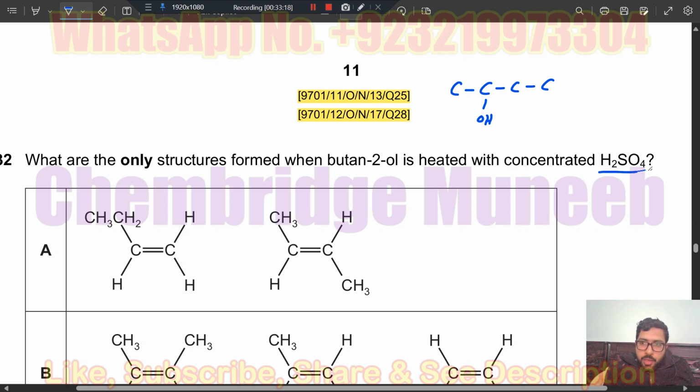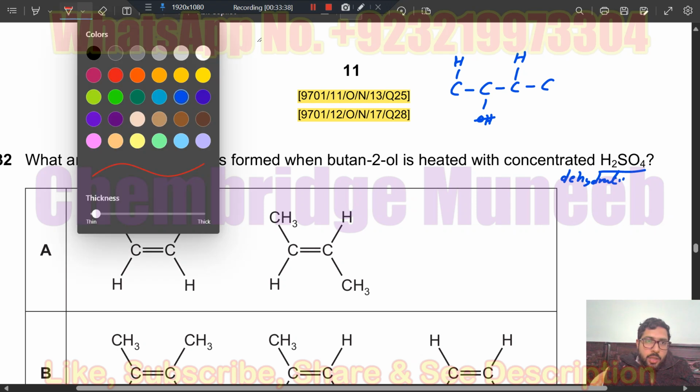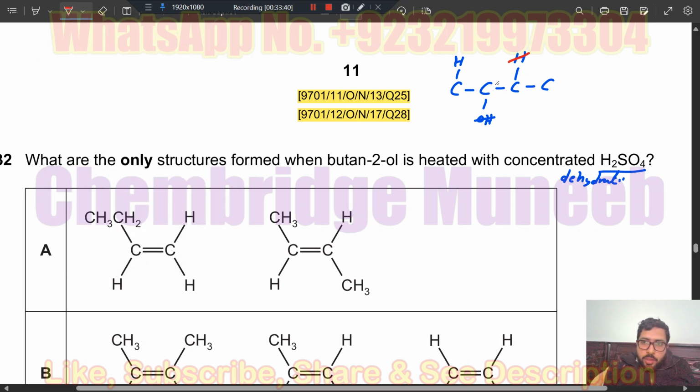Now when it reacts with the H2SO4, it shows the dehydration reaction, which means there is a removal of the hydroxyl group from here, and a removal of a hydrogen atom, but that hydrogen atom could be from the adjacent carbon atom of the C-OH, which means it could remove either this hydrogen or this hydrogen.